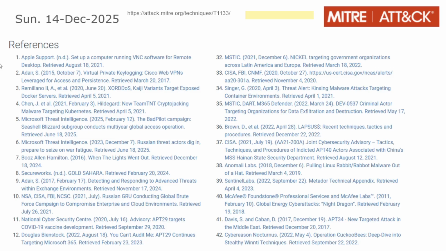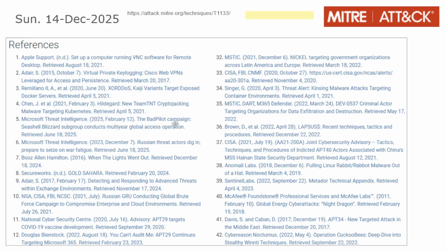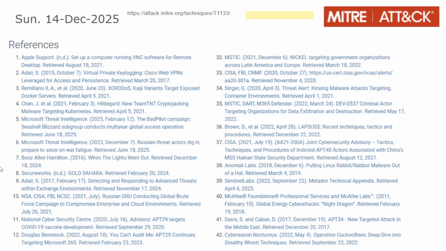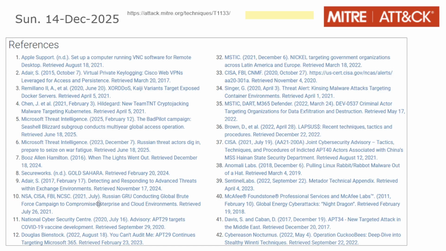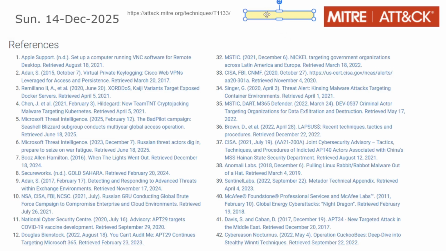Apple support, okay. Then we have Microsoft Threat Intelligence, the BadPilot campaign, okay. Microsoft again, NSA, CISA, Russian GRU conducting a global brute force campaign. Interesting. Whenever NSA, not NASA, NSA, CISA, FBI cooperate, I think that's worth reading.